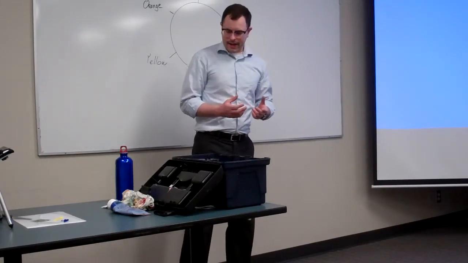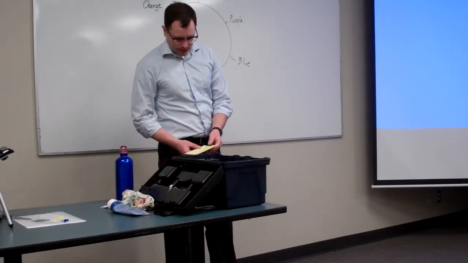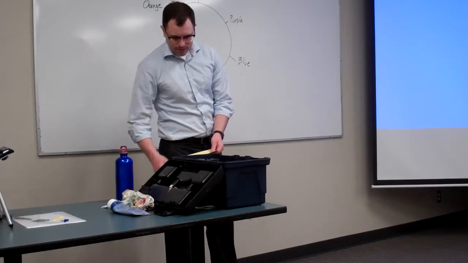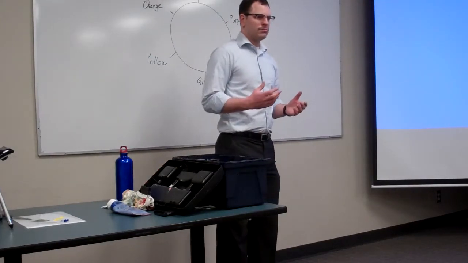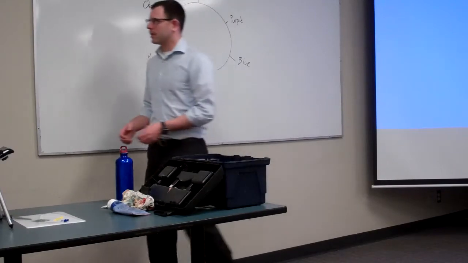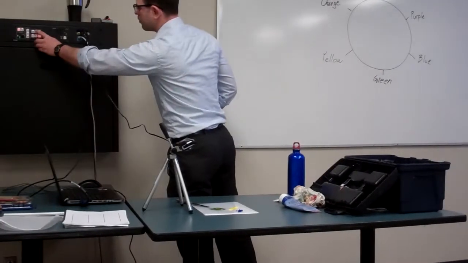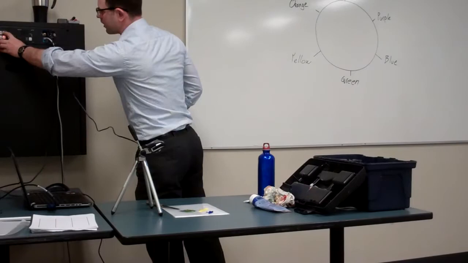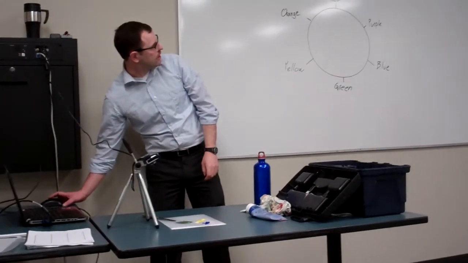You've been taught in the past that yellow and blue make green, and that's actually just one color theory. That color theory is called the red, blue, yellow color theory.